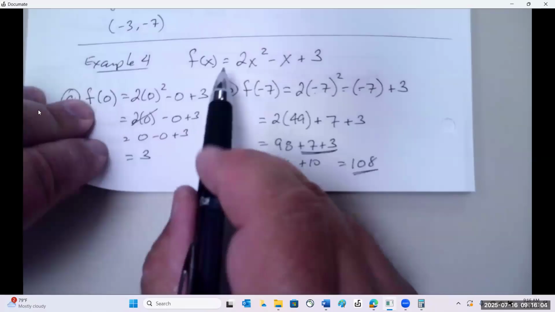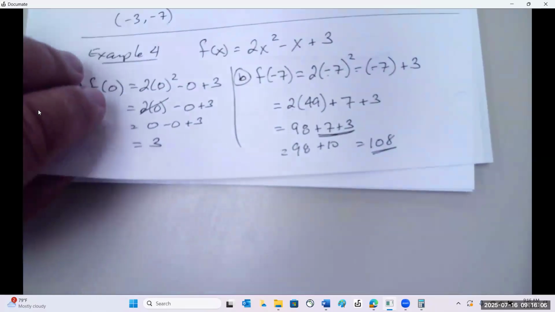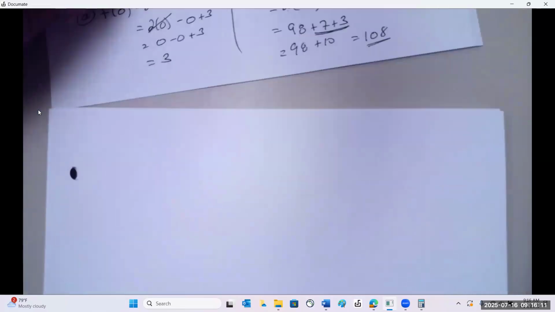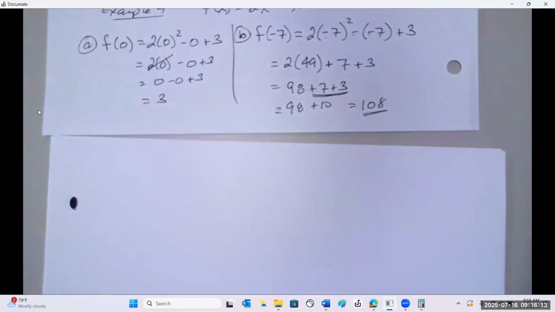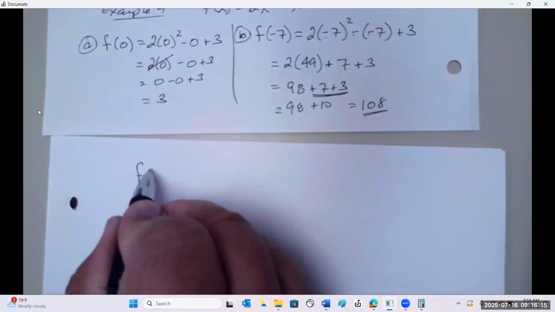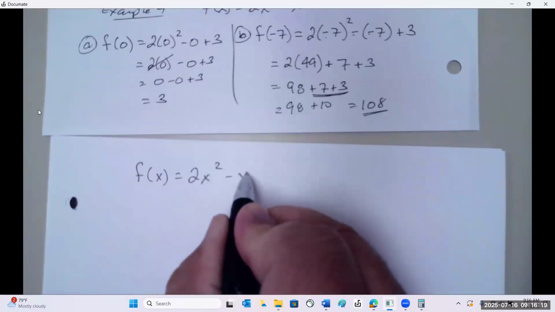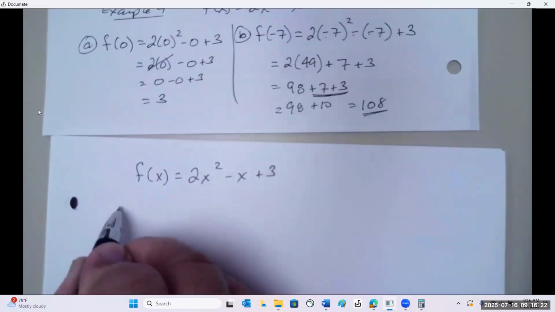All right, same function. Here's the function again: 2x squared minus x plus 3.